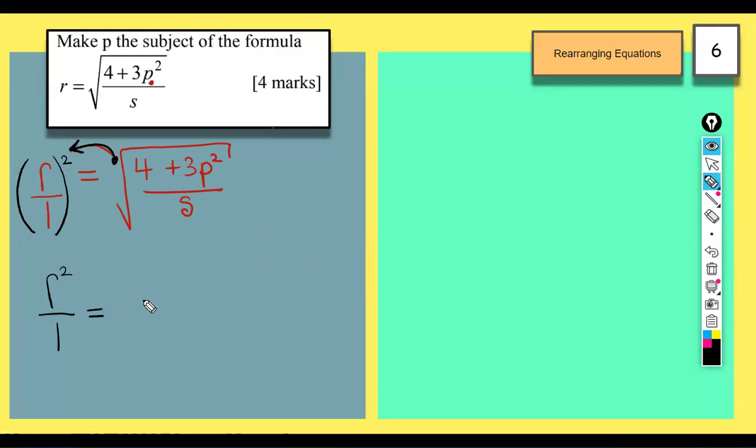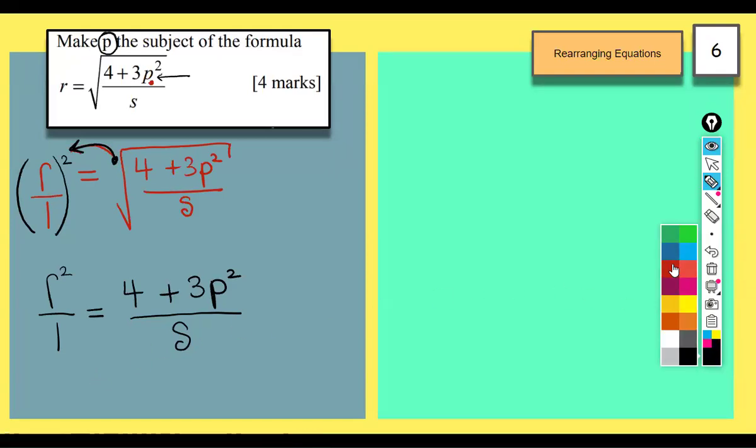And now we have gotten rid of the square root sign. Can we cross multiply now? Is it okay to cross multiply? The answer would be yes. Now, I think I gave you all some advice when it comes to cross multiplication. If we are trying to make P the subject of the formula, it's in the instructions of the question.